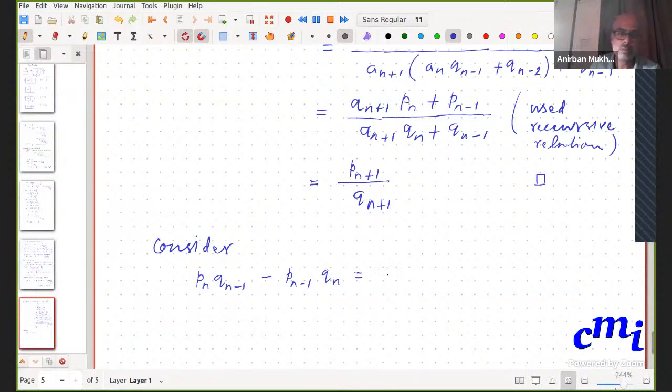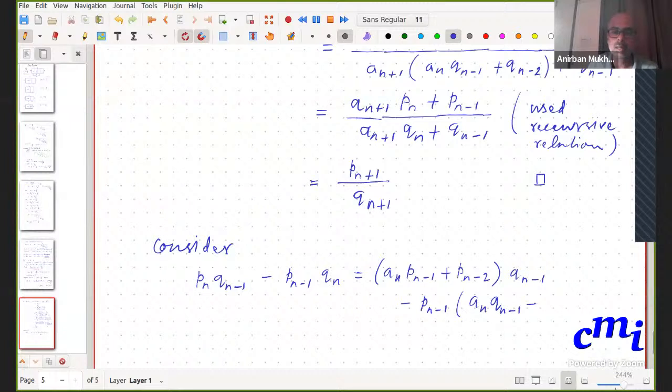If we just use the definition, an pn minus 1 plus pn minus 2, that's pn, multiplied by qn minus 1, minus, let's keep pn, but write down the recursion formula for qn: an qn minus 1 plus qn minus 2.